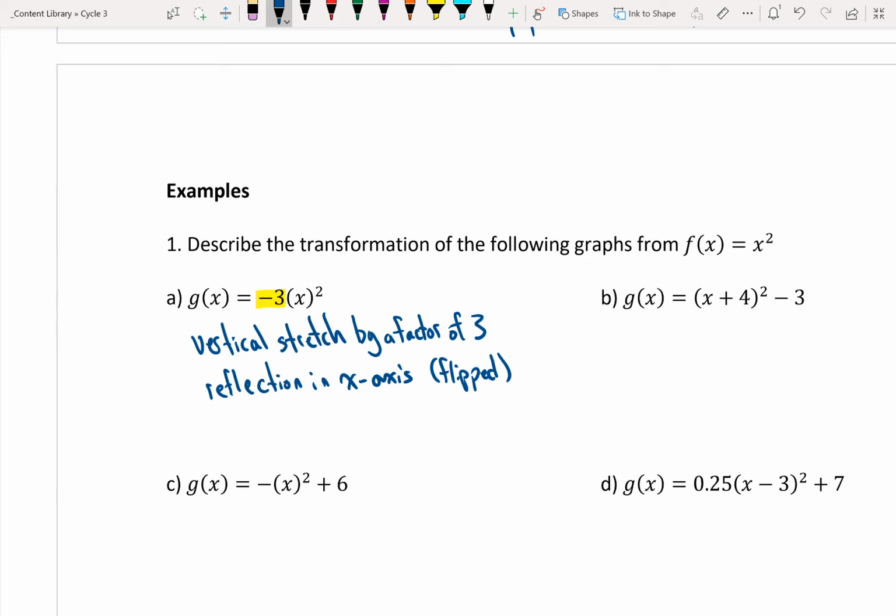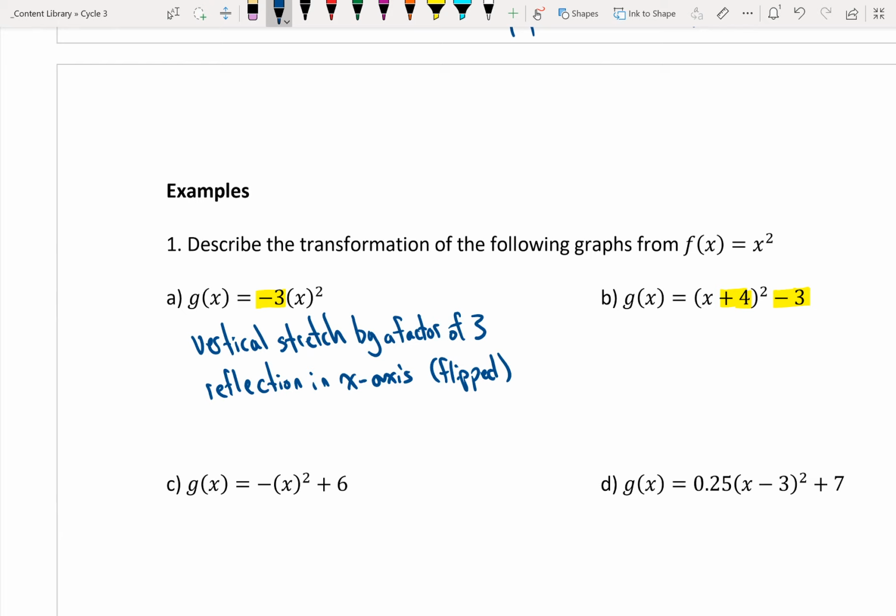If I look at B, again, I want to identify what key things are there. Again, you're looking for that A, H, and K value. So I don't have an A value, or it's 1, which is fine, that doesn't change, but I do have an H and a K value, which I've highlighted. If you're not sure what these values represent, go back to that last page and figure out, is it the H value, what value is it, and see the legend.